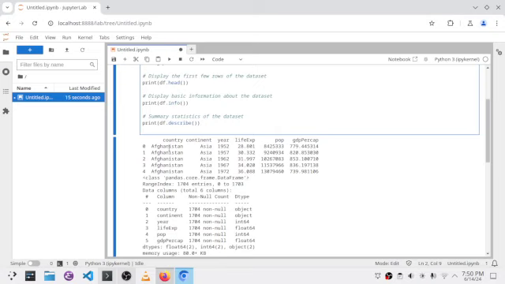Okay. Columns are country, continent, year, life expectancy, population, GDP per capita. Now GDP has something to do with the, is it the gross national product divided by the population or something like that?